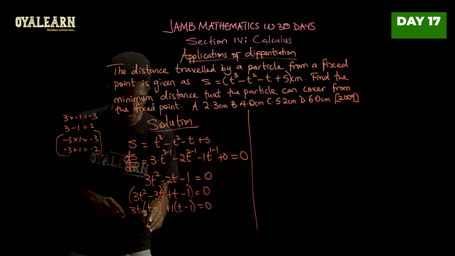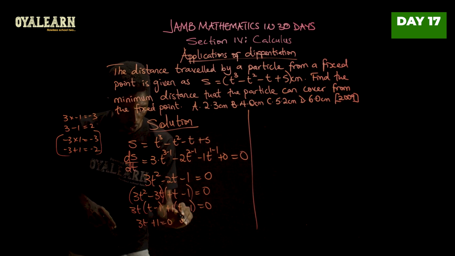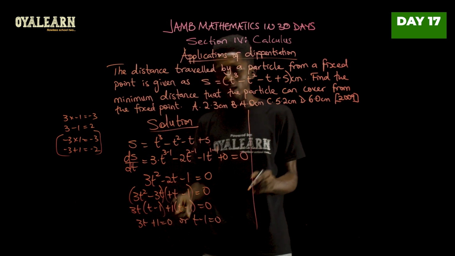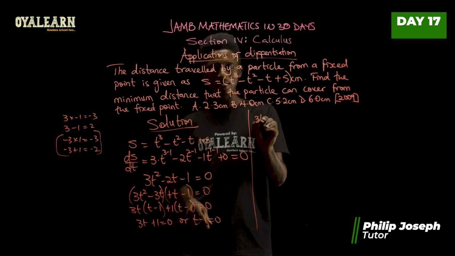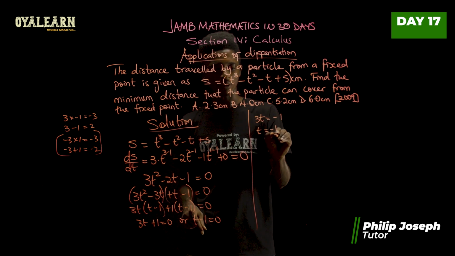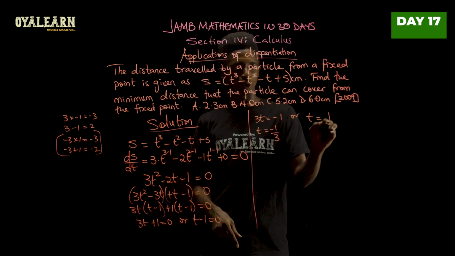What this means is that 3t plus 1 equals 0, or t minus 1 equals 0. And from here, we can then see that 3t equals minus 1, and then t will be minus 1 over 3. Or, from this side, t equals plus 1.